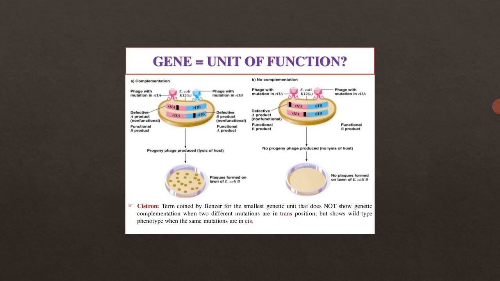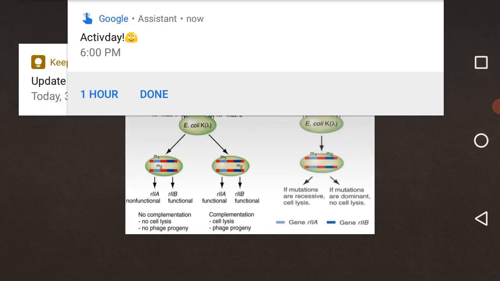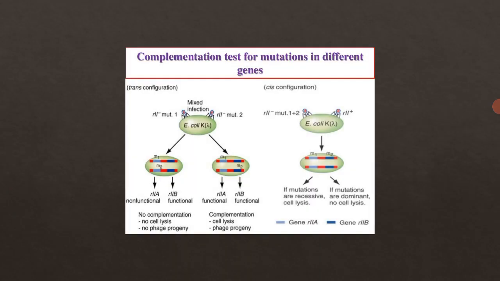Remember, this is also called the trans configuration, trans complementation test, or intergenic mutations. Okay, you can see here trans configuration. So we can say the R2A and the R2B, right? These mutations are present in two different genes.